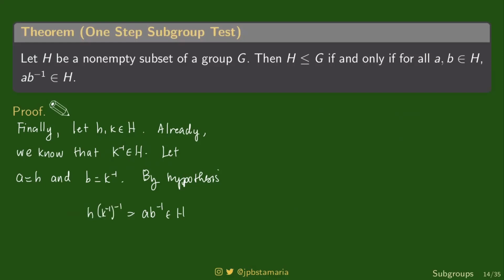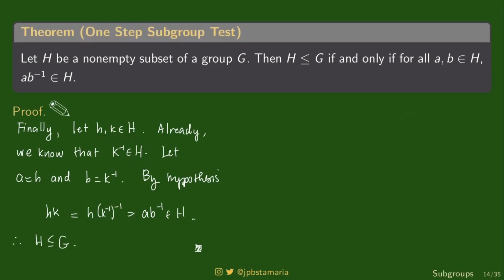But what is HK inverse inverse? That's HK. So in the end, I was able to prove that whenever H and K are elements of capital H, the product HK is also an element of H using the hypothesis. Now, all of this prove that H is a subgroup of G. And we are done with the proof.